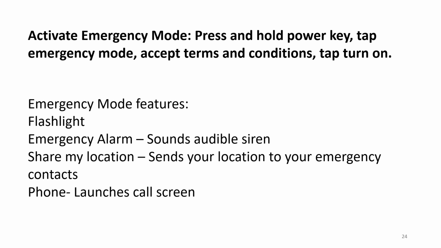Press and hold the power key. Tap emergency mode. Accept terms and conditions. Tap turn on. Emergency mode features: flashlight, emergency alarm, sounds an audible siren, share my location, send your location to your emergency contact, phone launches call screen.